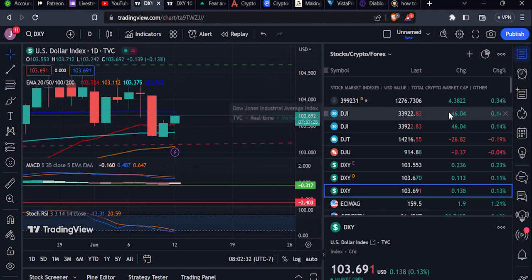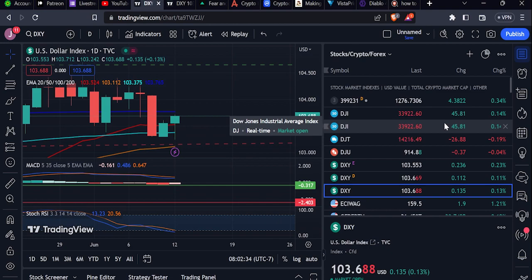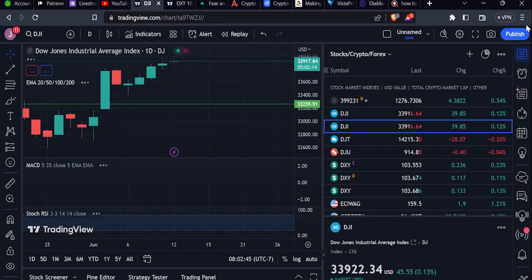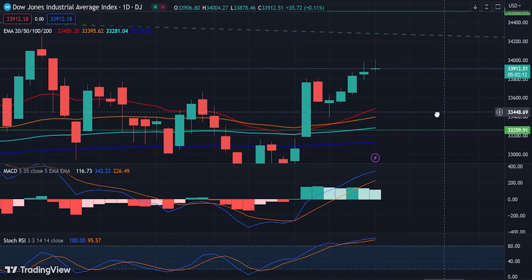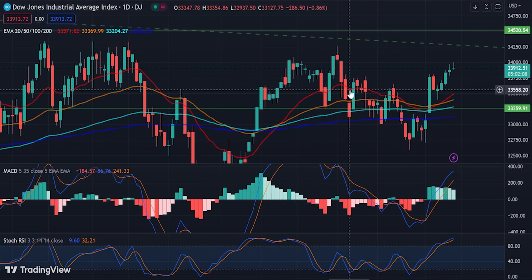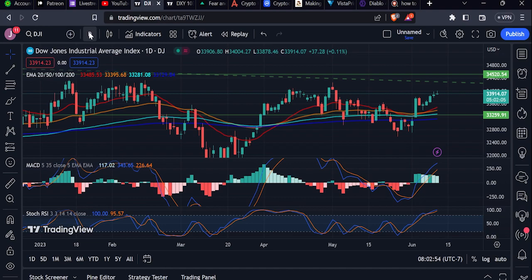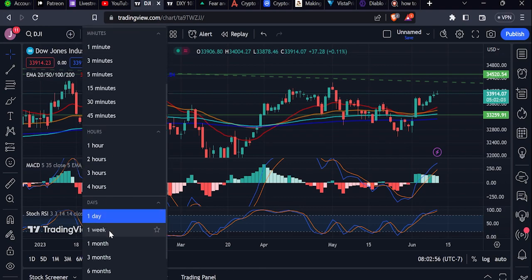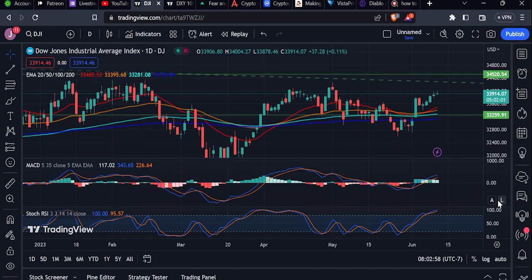If you take a look at the Dow Jones today, it has a lot of companies in the industrial sector, I believe, like Home Depot, which is one of the mega cap companies. The Dow Jones today is pulling back for the day, but it has been consolidating in a range. So if we zoom out on higher time frames, it'll tell us more.